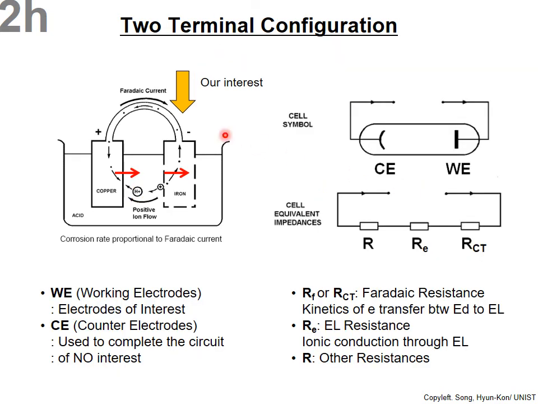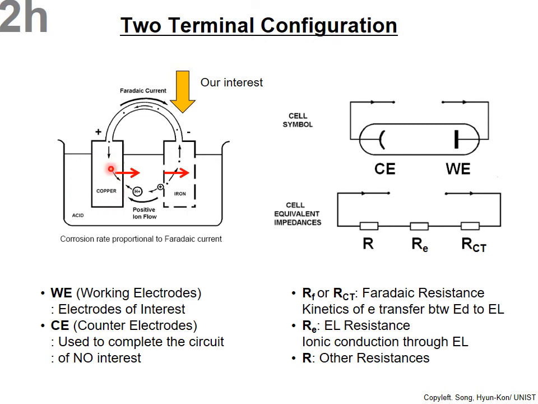Okay, so we still have the same cell here, and again I'd like to investigate the electrochemistry on the iron bar. So this electrode is of our interest. In this situation, the iron bar electrode is called the working electrode, that is to say, the electrode of interest.